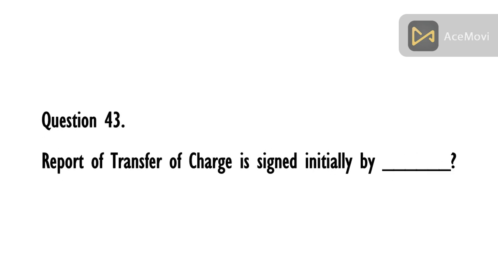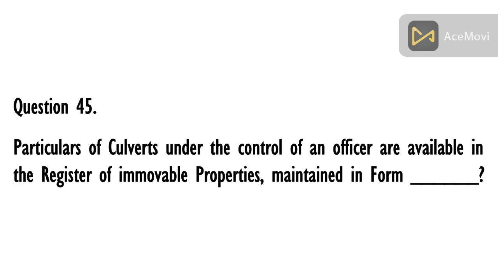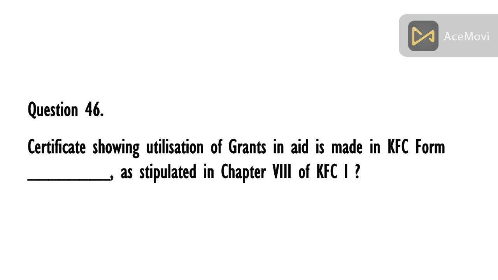Question 43. Report of transfer of charge is signed initially by the Relieved Officer. Question 45. Particulars of culverts under the control of an officer are available in the Register of Immovable Properties maintained in Form 23. Question 46.